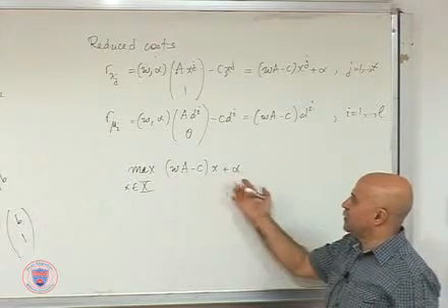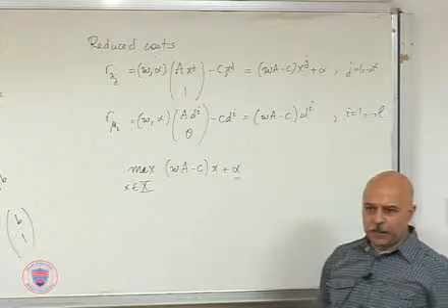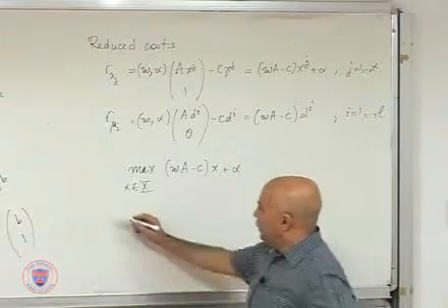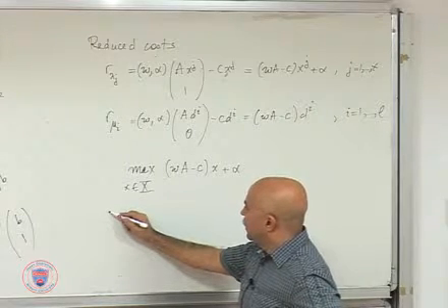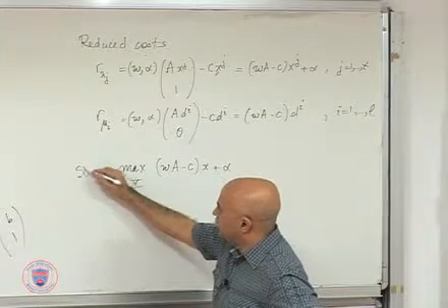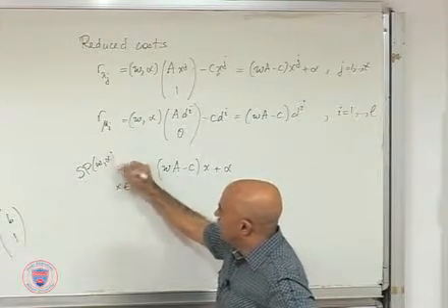Nevertheless, this maximization is not really affected by alpha. So let's get to the conclusions here. So this is the subproblem, W alpha.